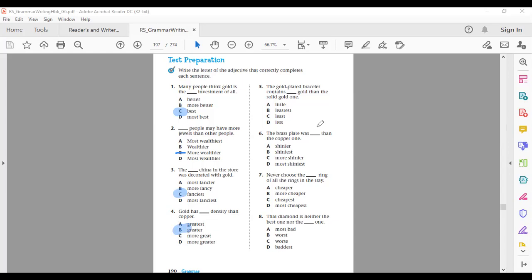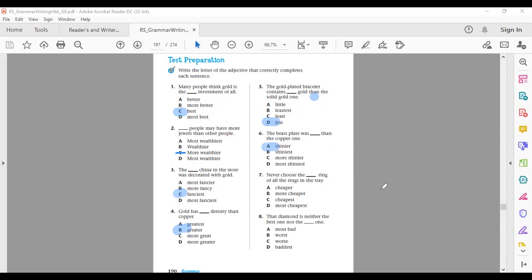Littlest, least, less. The gold-plated bracelets contain less gold than the solid one, because we have than. Wateen, number 6. The brass plate was shinier than the copper one. Shinier. Number 7, Ghalia.